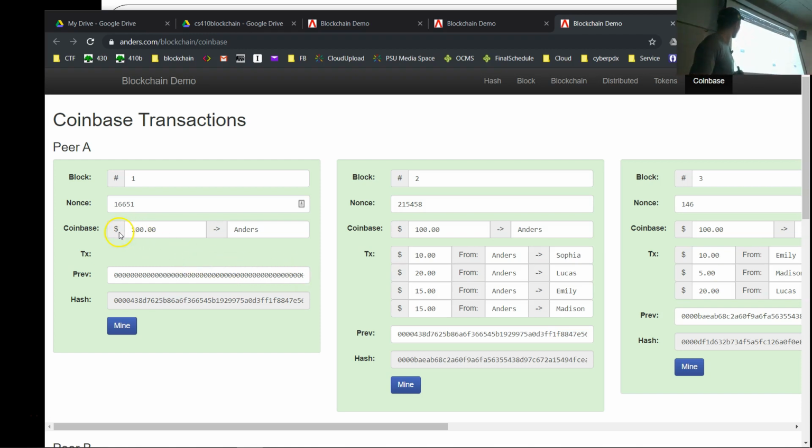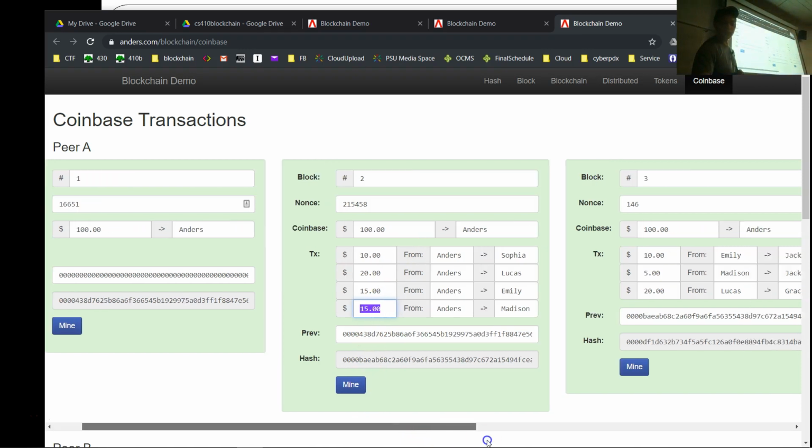And then from this Coinbase, Anders can take this money and distribute it to all of the other folks that he wants to distribute it to, and he can mine another $100 for this block that goes onto the blockchain. And then further on, Anders doesn't have to be the only person that does this mining.